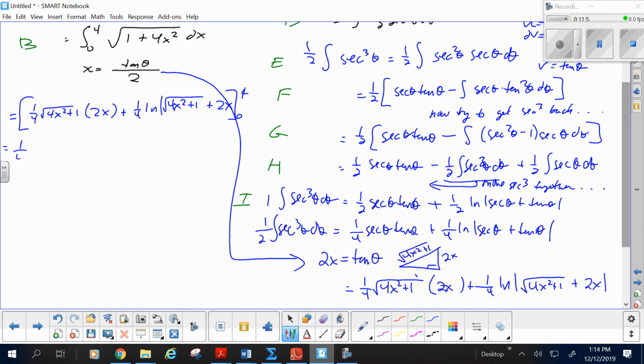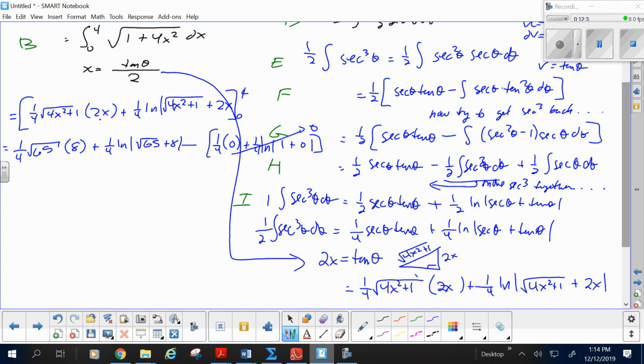I have a 4th root 65 times 8 plus a 4th of log of root 65 plus 8, minus, hope this zeroes out, 1/4 of root, the root wouldn't matter because 2x will zero out, yeah? Plus 1/4 of log of 1 plus 0. And log of 1 zeroes out, yeah?